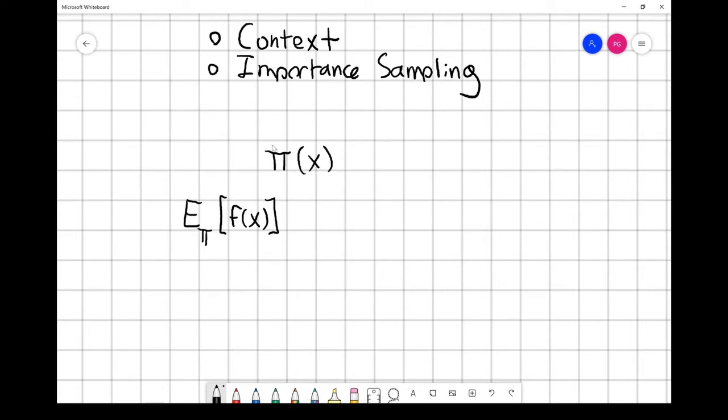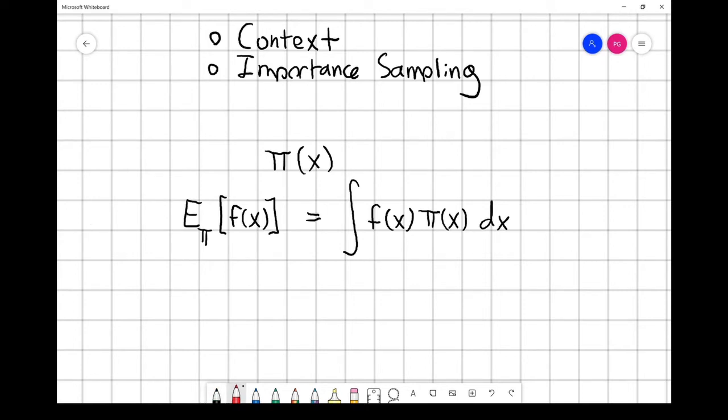And we're going to stick with continuous variables throughout this set of videos. So in that case, we know that this expected value is equal to the following integral. So it's the integral of the function we're interested in, f of x, multiplied by the probability distribution pi of x, dx.